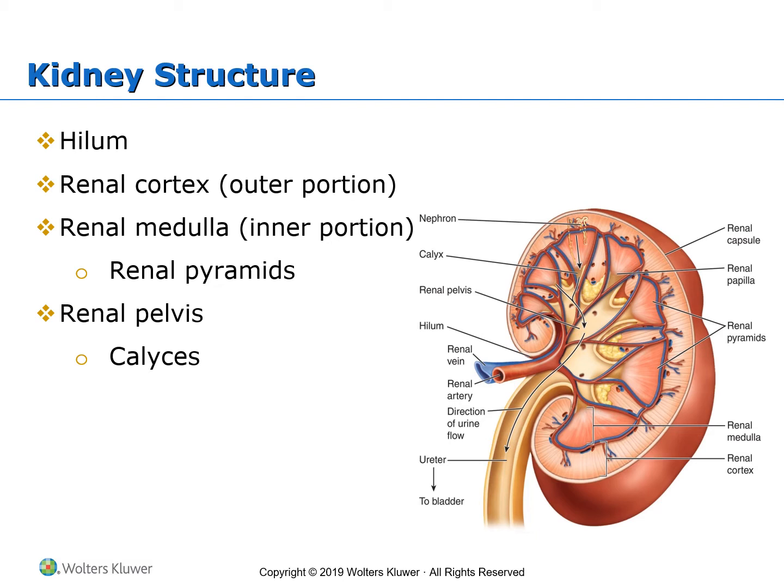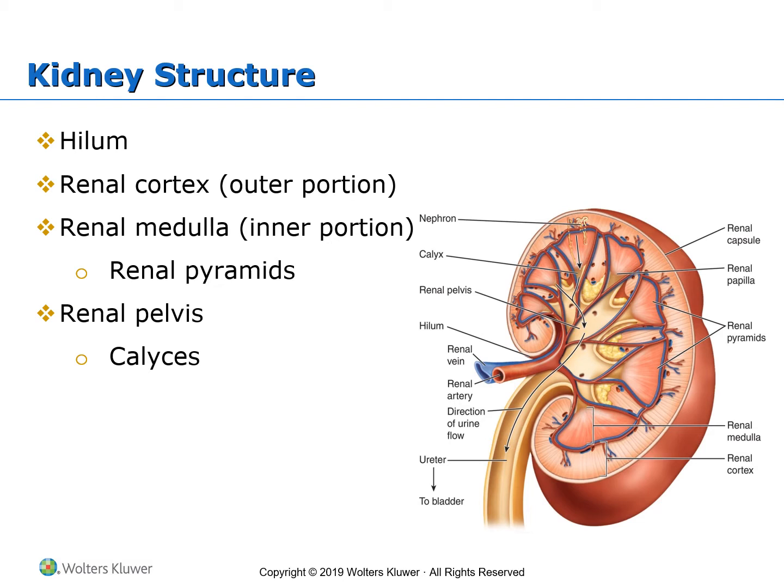The tip of each pyramid points toward the structure called the renal pelvis. The renal pelvis is pretty much in the middle of the structure towards the hilum, and it has a funnel shape that ends up developing into the ureter.